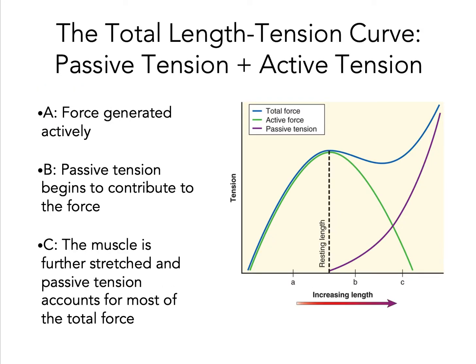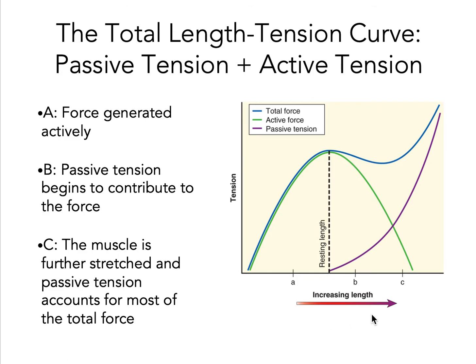Now, the combination of active tension and passive tension allows for a large range of muscular force over a wide range of muscular length. So that's exactly what we get when we add up passive tension and active tension together, the total length tension curve.